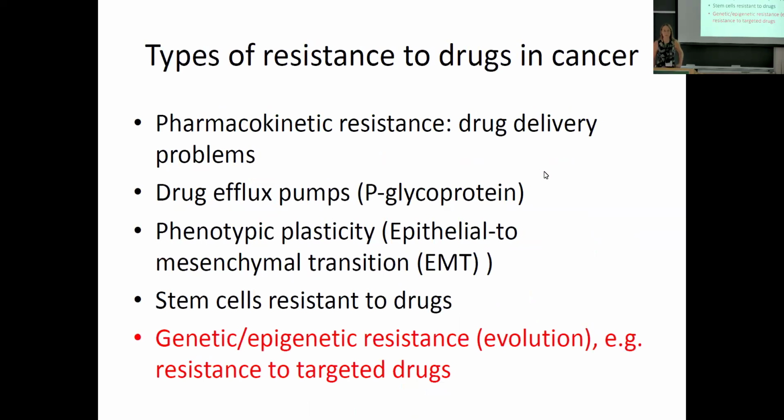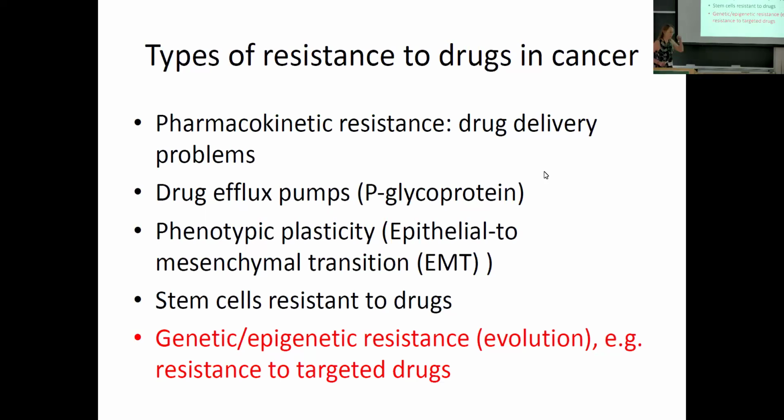So there are different ways in which cancers evolve resistance to drugs. Here I list some of these types, and there are more. The first one is pharmacokinetic resistance, where the drug simply doesn't get delivered to the cancer. One of the problems I'm familiar with in this respect is the delivery of oncolytic viruses to the tumor, and there are other ones as well. The second one is drug efflux pumps.